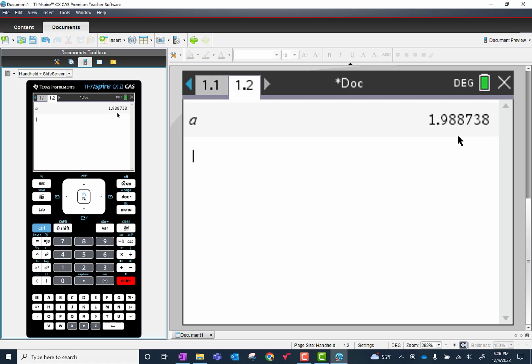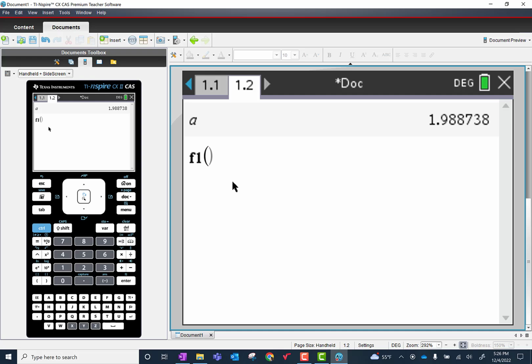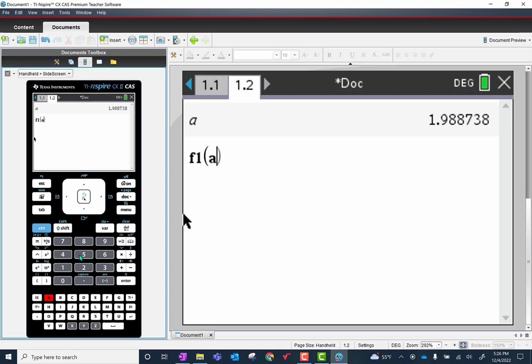So I'm going to put that number in my x equal equation. I go VAR, where my variables are stored, choose the x equal equation, put in the A, and hit Control Enter, and this is the horizontal distance that it went.